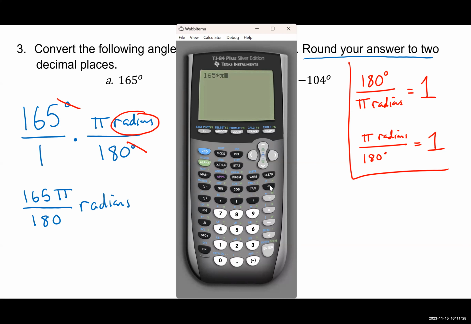It's almost pi, but it's not exactly. So use the pi key on the calculator. 165 times pi divided by 180. And there's our decimal approximation. If we round it to, oh no, we're rounding to 2 decimal places. 2.879. So that would be, if we round it, 2.88 radians.